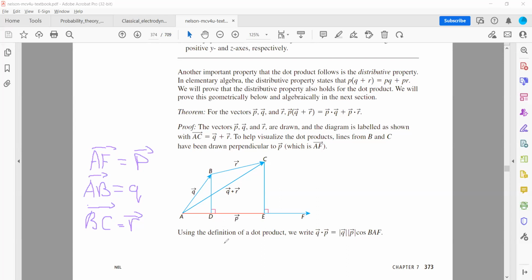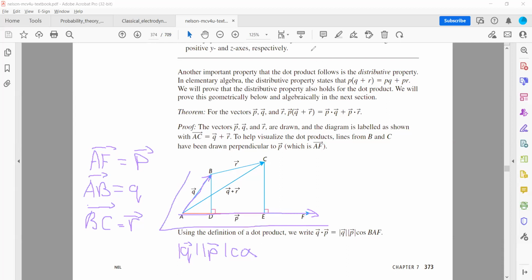Basically, Q vector times P vector would be modulo of vector Q times modulo of vector P times cosine of angle between them. And what angle is this? It's BAF. So this angle.